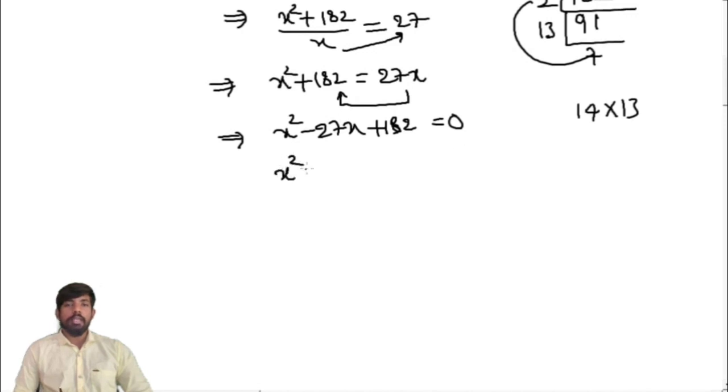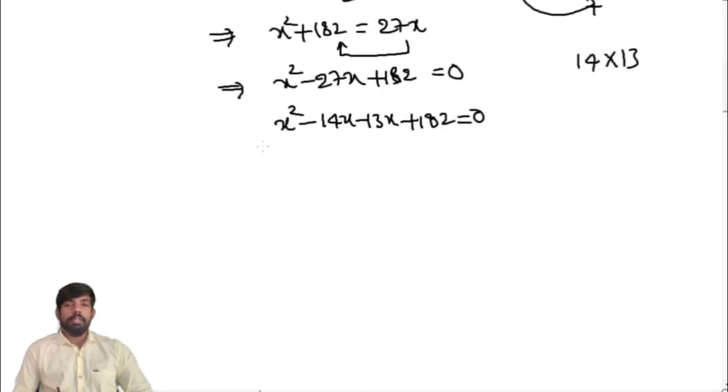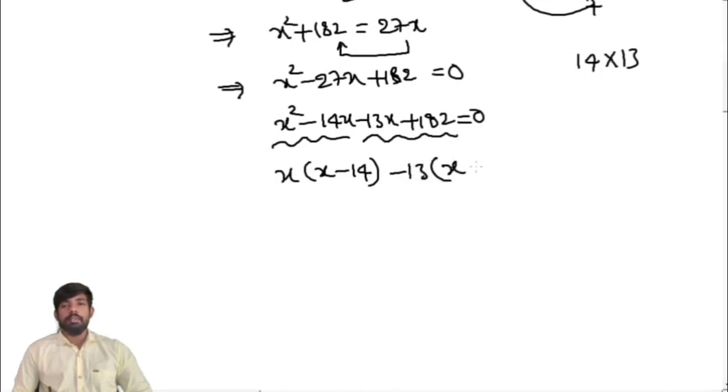So can I write here x square minus 14x minus 13x plus 182 equal to 0. So from here take common x, x minus 14, take common minus 13, then x minus 14 equal to 0. If I take common minus, in the place of minus you will get plus, in the place of plus you will get minus.